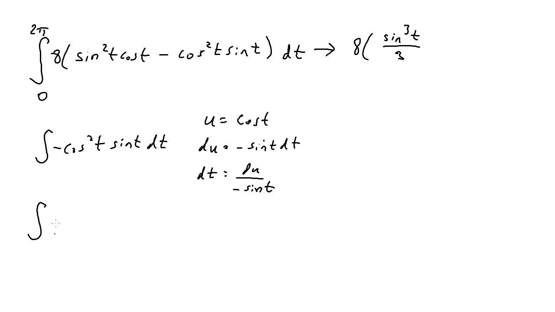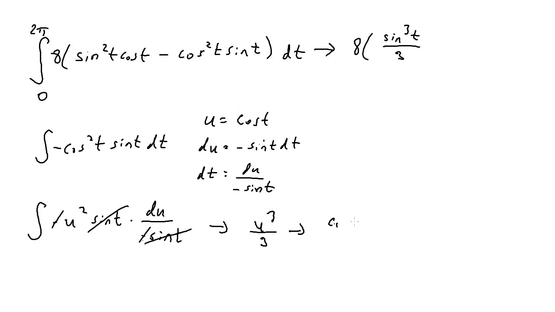So plugging back into the integral, we get negative u squared sine of t times du over negative sine of t. Realize that the negatives will cancel, the sines will cancel as well, and we get the integral of u squared. Once again, that's going to be u cubed over 3. This time u is cosine t, so then we get a positive cosine cubed of t over 3.